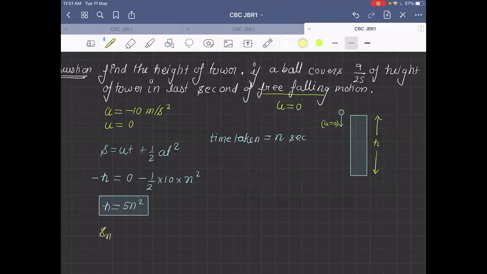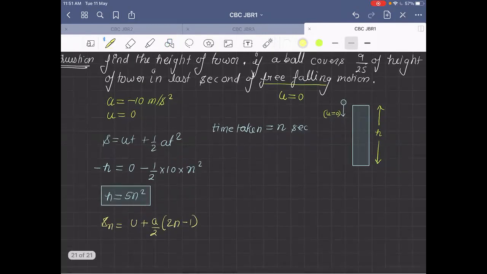Sn equals u plus a by 2 (2n minus 1), because the question did mention what happened in the last second. In the last second, it covers a distance of 9h by 25, which I'm going to write as minus, and you know why I am writing the minus sign, right?